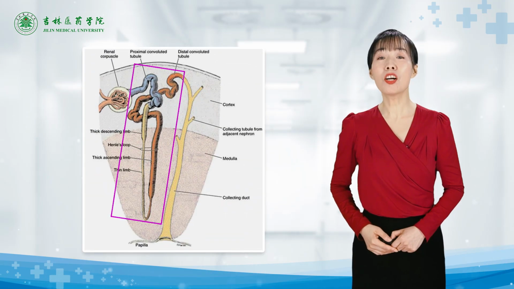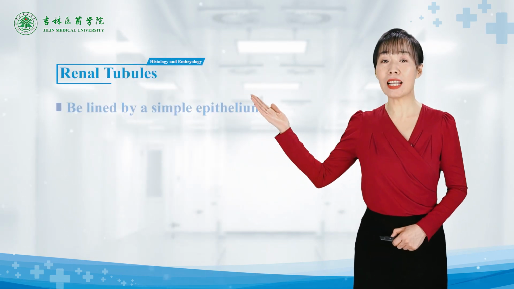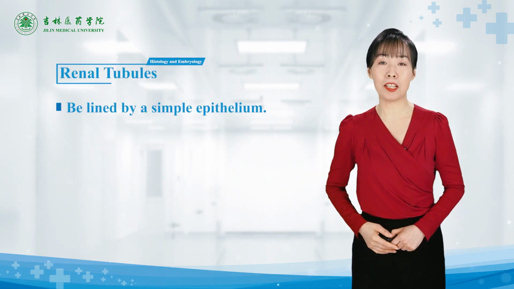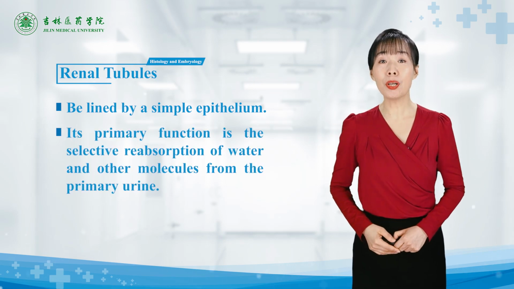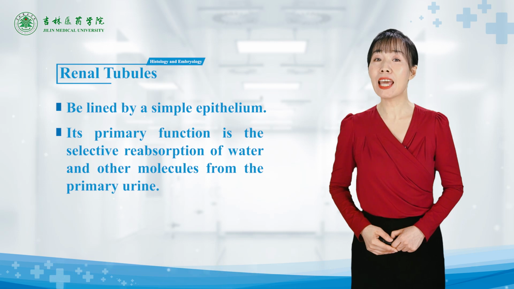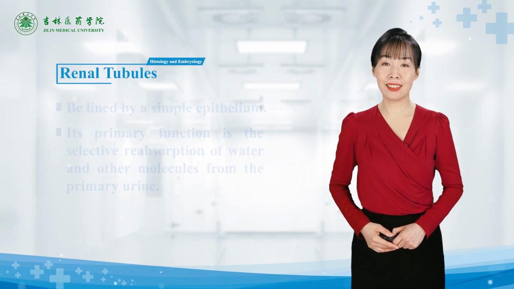Firstly, let's learn renal tubules. The renal tubule is lined by a simple epithelium. Its primary function is the selective reabsorption of water and other molecules from the primary urine.